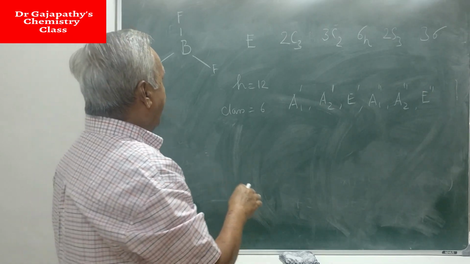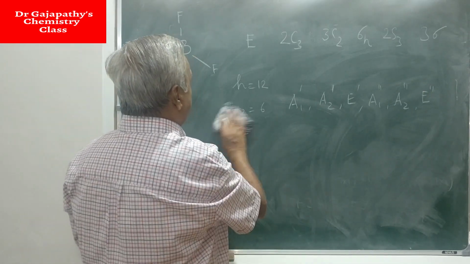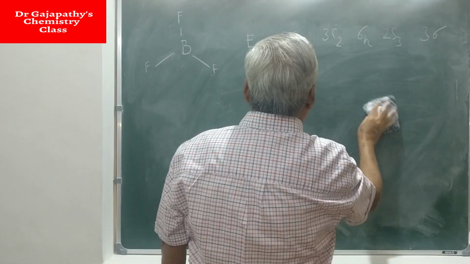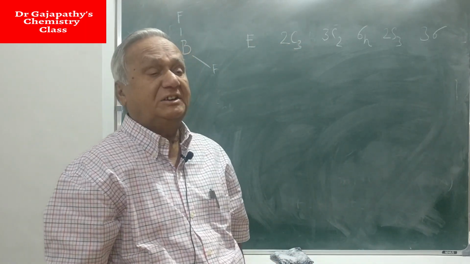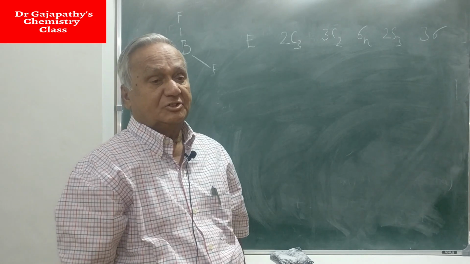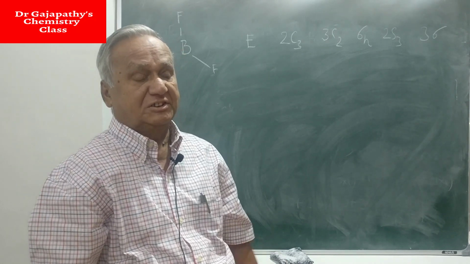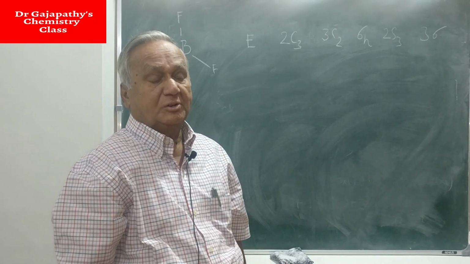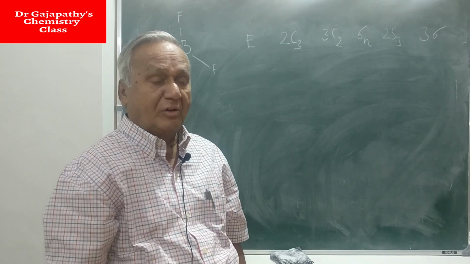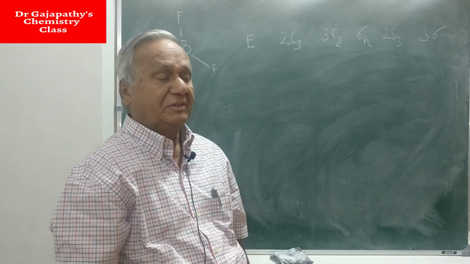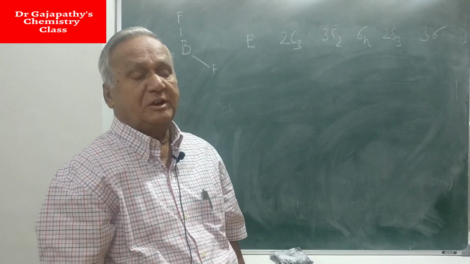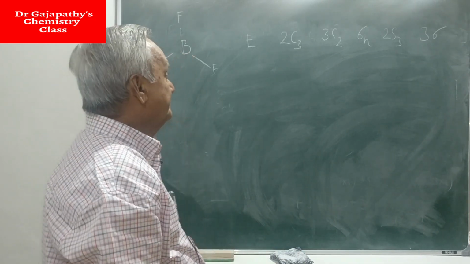Now what I do is, I perform all the operations on this molecule and find out how many bonds remain unshifted. So the bonds are formed by the hybridization. In the case of IR, we found out how many atoms remain unshifted, whereas here, find out how many bonds remain unshifted.